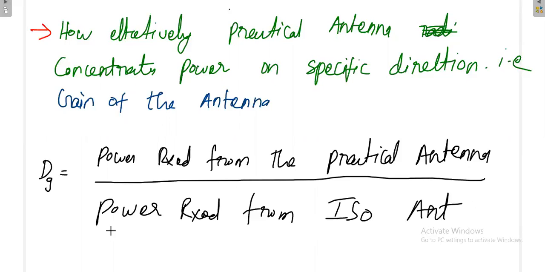Okay, so that is the directive gain. Again, we can take power, or we can also measure power density: power density due to the practical antenna divided by power density due to the isotropic antenna, because in both cases the receiver is the same.